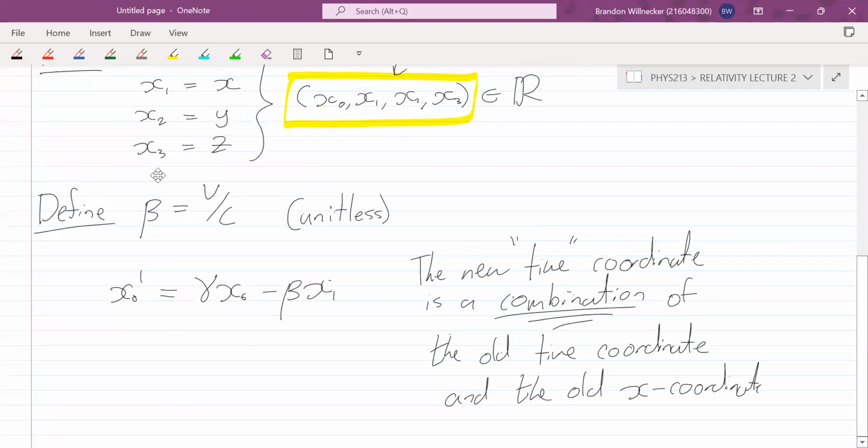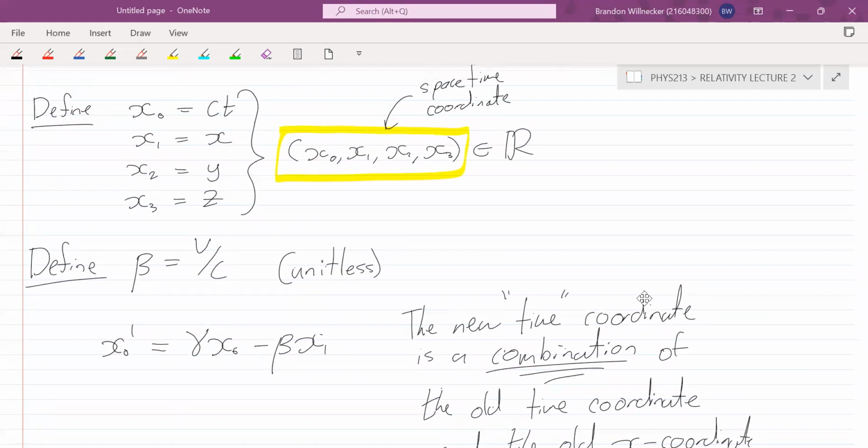They're actually being mixed there. So if you're using one system, let's say you're in the primed system, what you call time is, for me, actually a combination of space and time. So there's this mixing of things. Like I said in the past lecture, these coordinates, time, x, y, and z, really depend on the coordinate system that you use. So what is time for you might actually be space for another person. And there's always this coordinate transformation between the two.